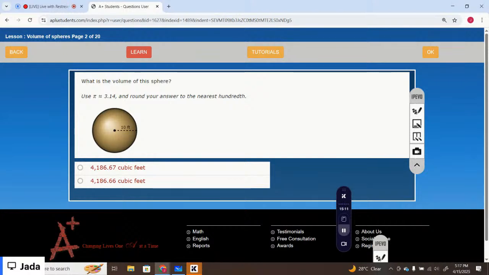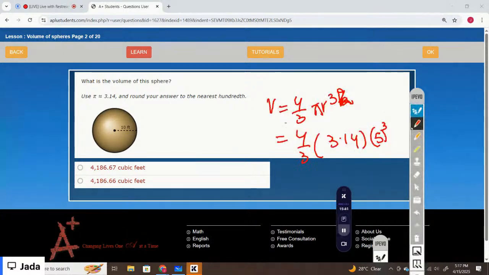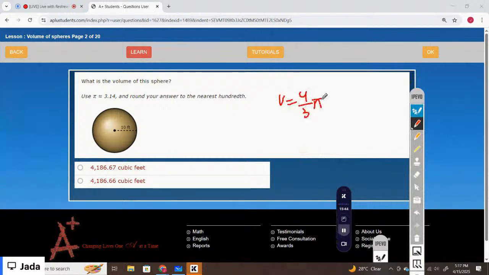What is the volume of this sphere? That is V equals 4 by 3 pi r cubed. That is 4 by 3, 3.14, and r is 10.